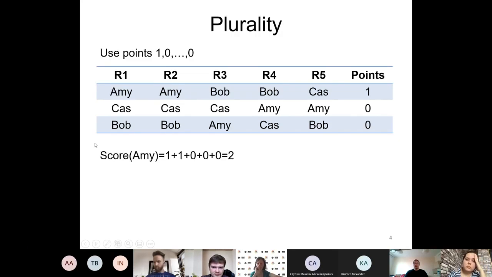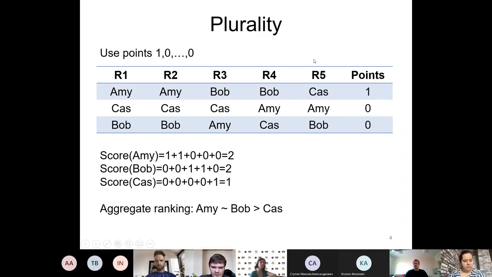In this example, the score of Amy is 1 + 1 because Amy takes 2 first positions, and all other scores are zeros because Amy takes second or third position in the other races. So the score of Amy is 2. The score of Bob is also 2 because Bob has 2 first positions. And the score of Cass is 1 because Cass has only 1 first position. So the aggregate ranking is Amy tied with Bob, and they are both better than Cass.